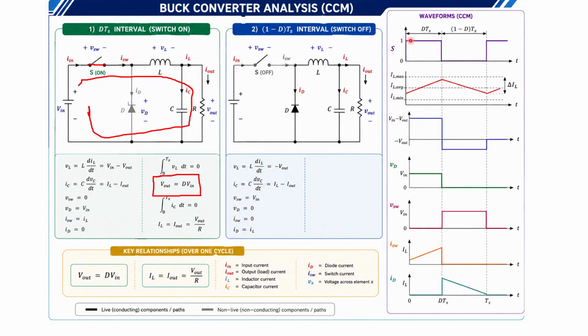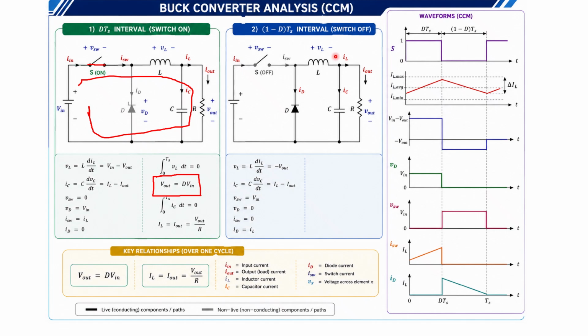The switch is in the on condition when we are giving a positive gate pulse, and off condition means we are not giving any gate pulse. During the turn on interval, as I have already told you, the inductor will act as a charging battery, or the inductor will store the current. So it will get charged.